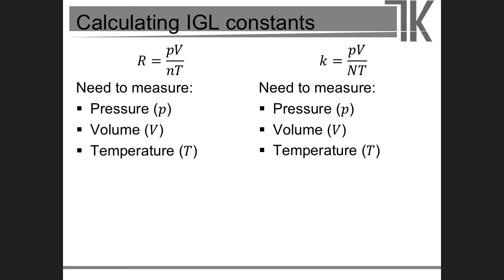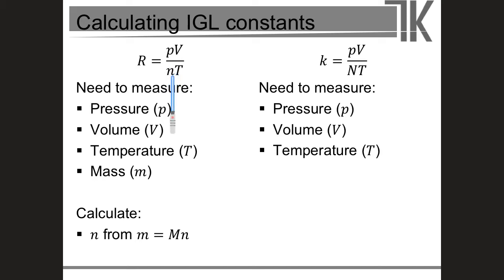So just to come back to our ideal gas law constants, for both of them we need to measure pressure, volume, and temperature. And then that fourth one for R is mass, where we can calculate the number of moles from mass equals Mr. Mole after we measure that mass. To determine K, we also want to measure the mass.